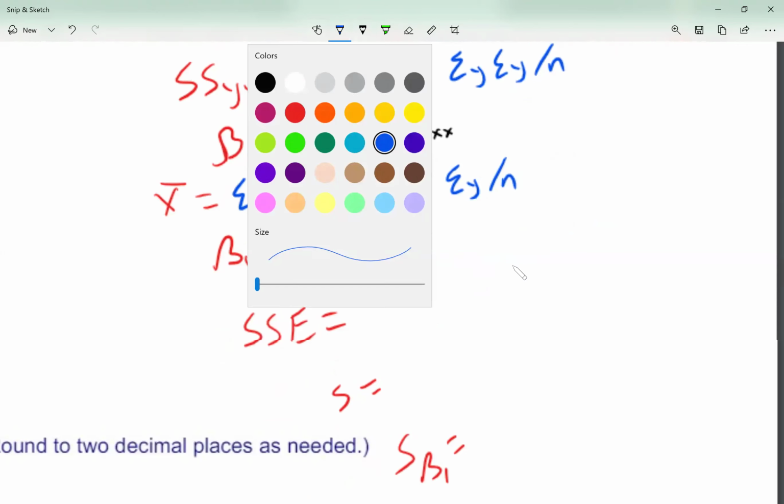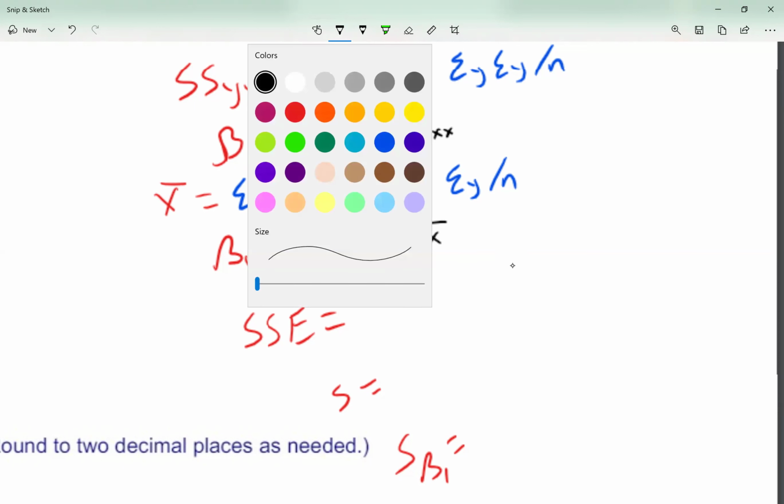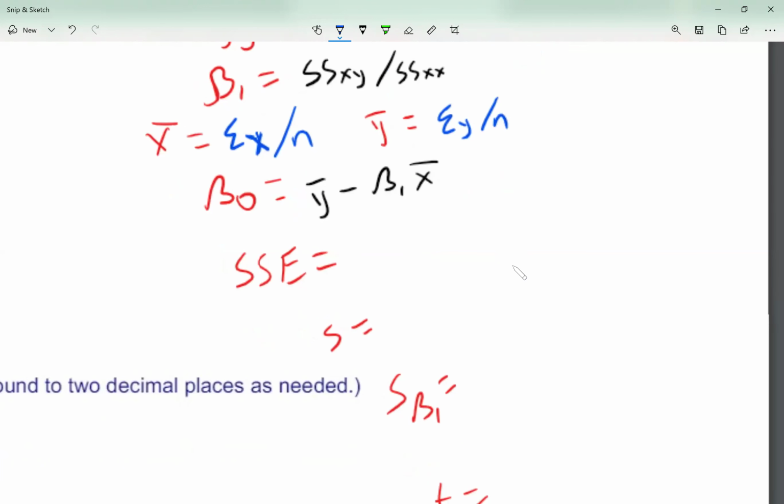Now my beta 0 is going to be my y bar minus my beta 1 times x bar. The sum of the squares of the error is going to be the sum of the squares of y, y minus the sum of the squares of x, y times beta 1.